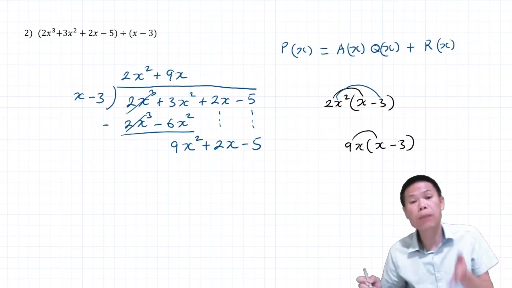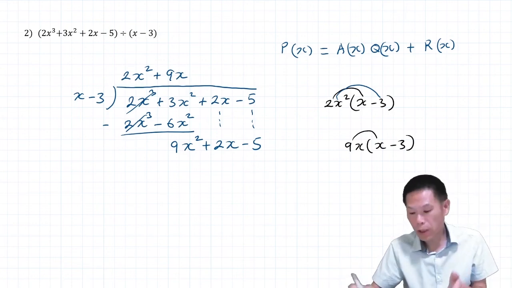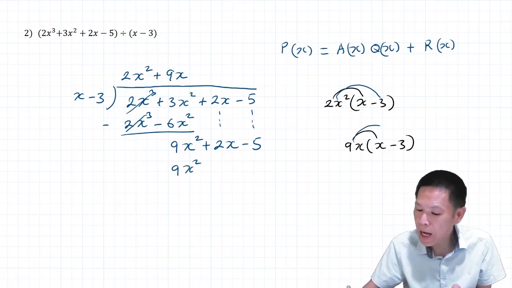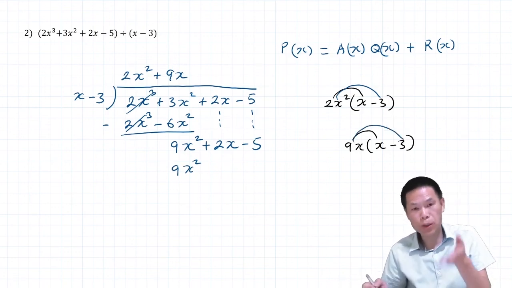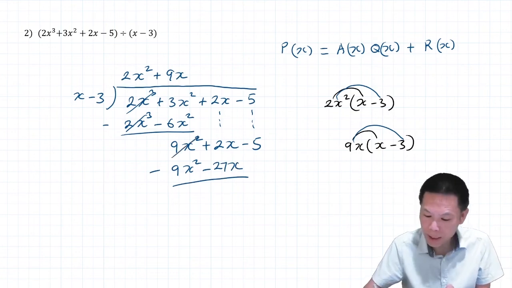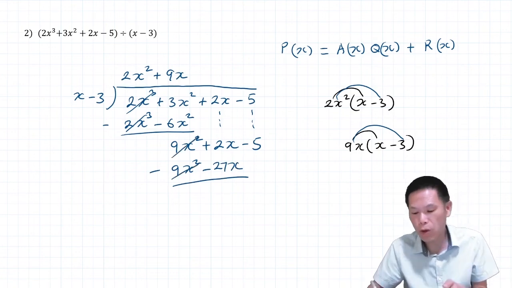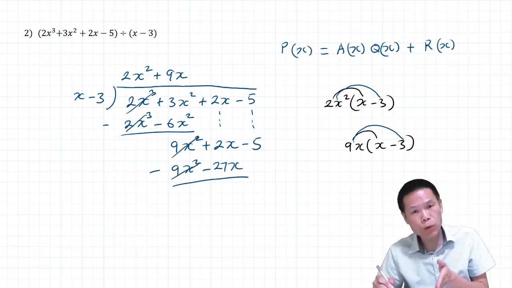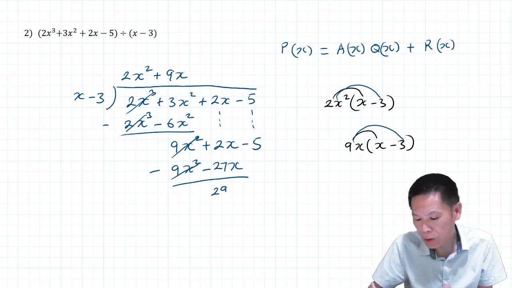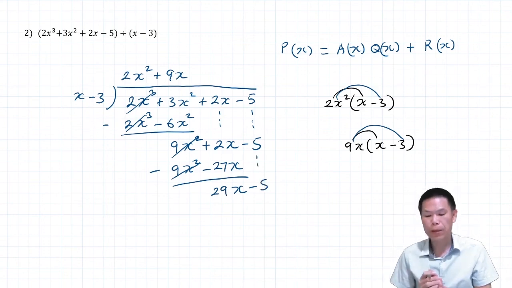So 9x times x is 9x squared, and then 9x times 3 is 27, but negative 27x. And we just minus it. So this cancels out, of course, equals 0. 2x minus negative 27x is 29x. And this negative 5, I'll write that down.